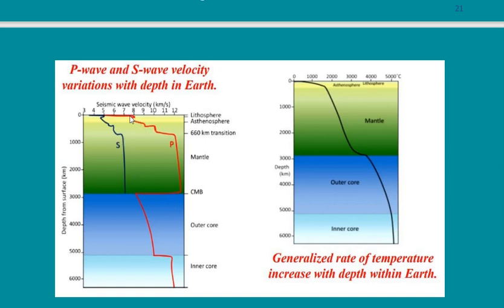What is important in this figure is that the P wave is higher in velocity. The S wave is lower in velocity.